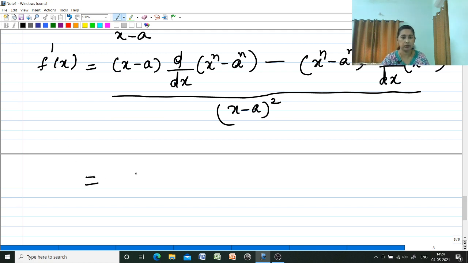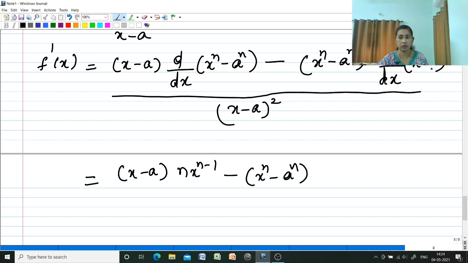So that is equal to x minus a into nx raised to n minus 1, minus x raised to n minus a raised to n into derivative of a is 0 and derivative of x is 1, whole divided by x minus a whole square.